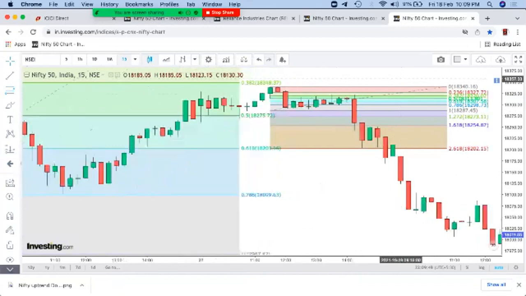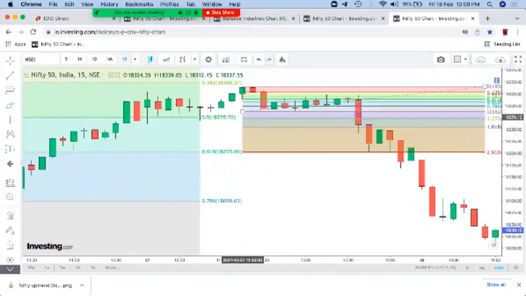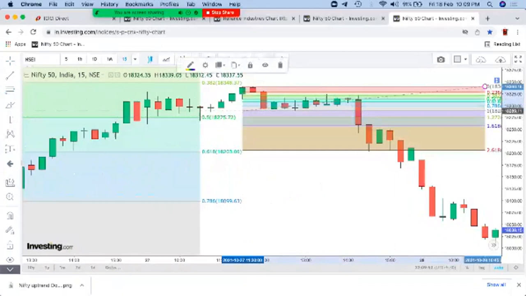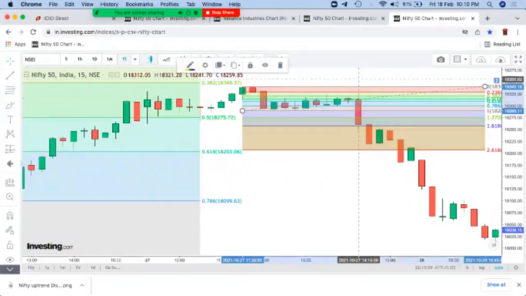Right, what is the price action coming to? It would be again creating a range. Right, the high, the low, it will be just touching somewhere around those points between 0.5 and 0.236. Right, and then it will be coming up.